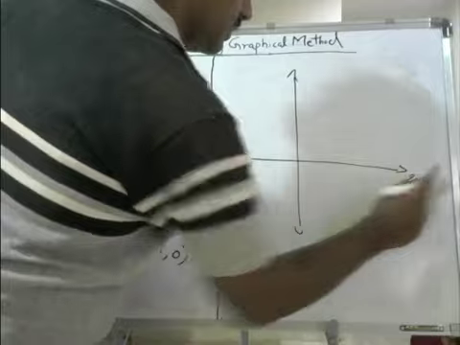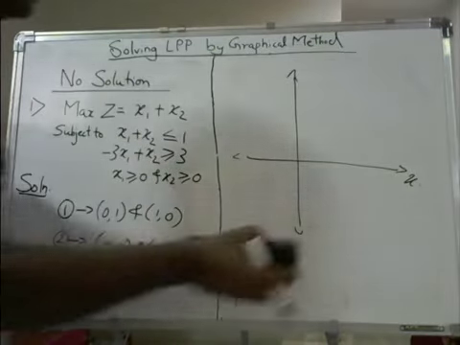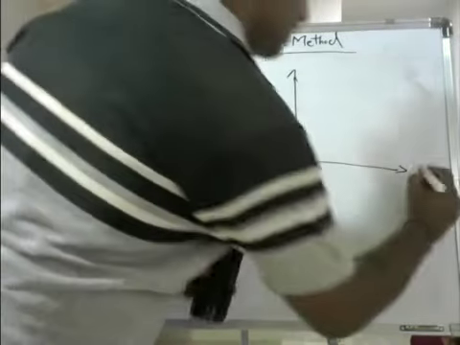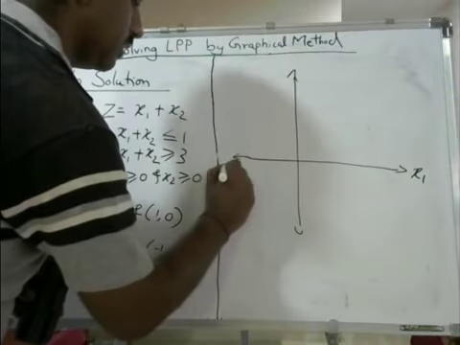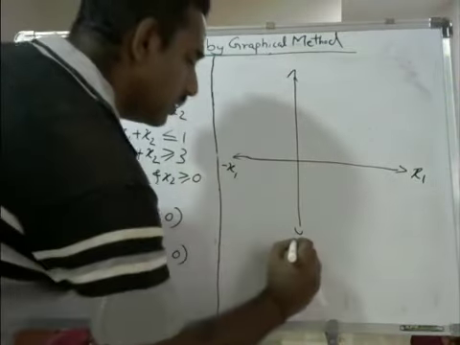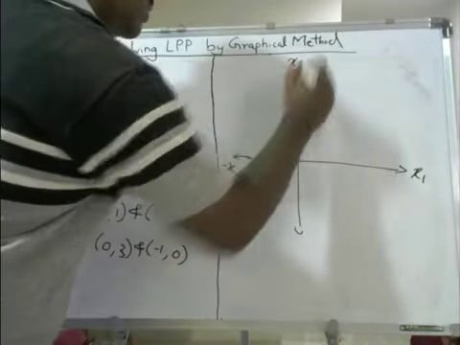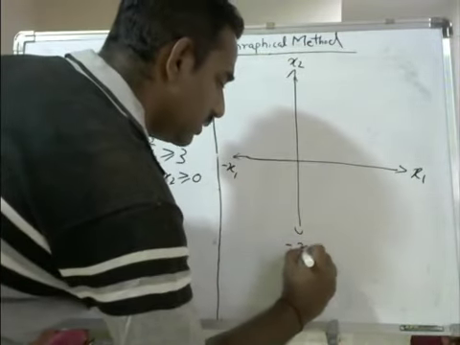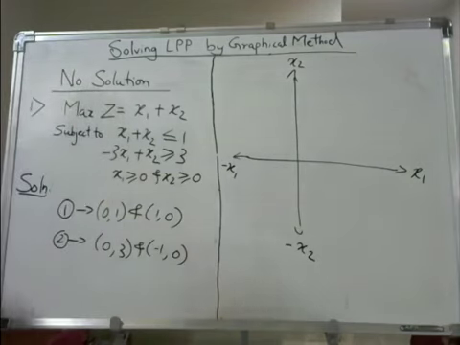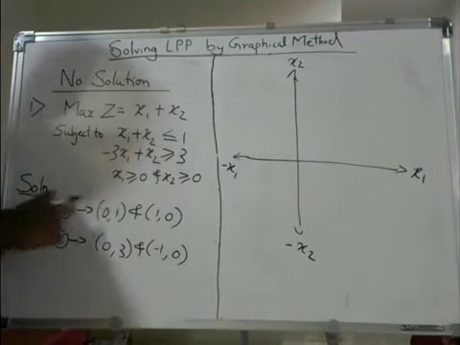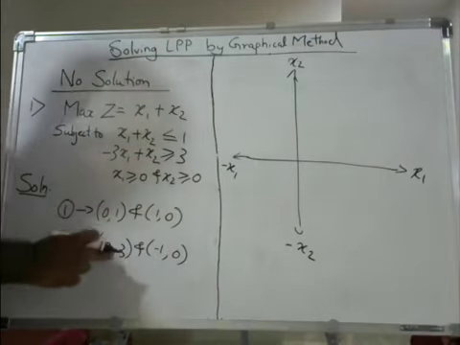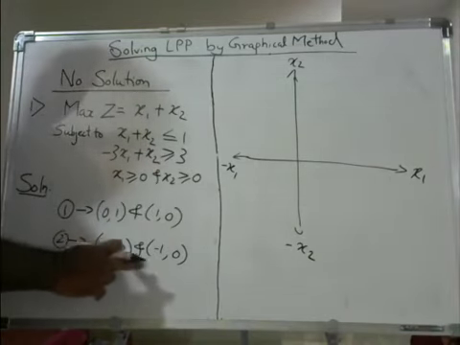Now this is x1. Now this is minus x1. This is x2, and this is minus x2. Now for the first equation, it is 1 and 1, and here it is 3 and minus 1.